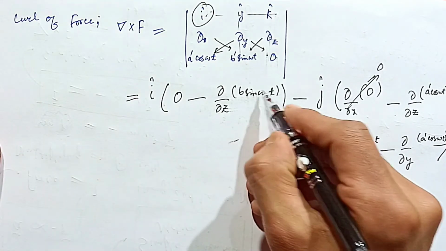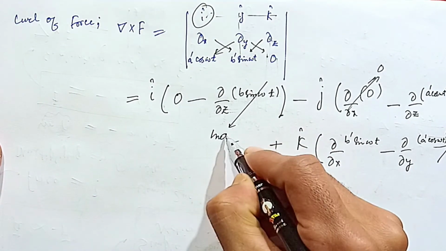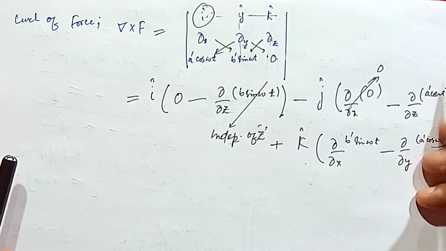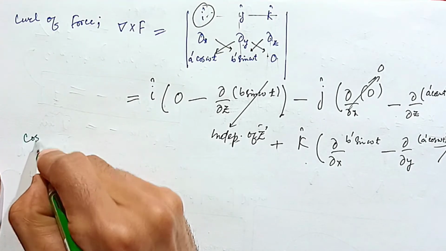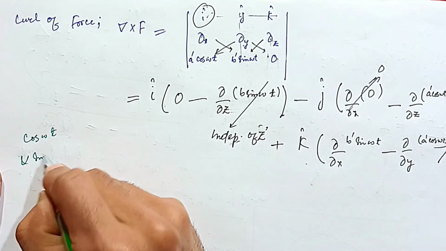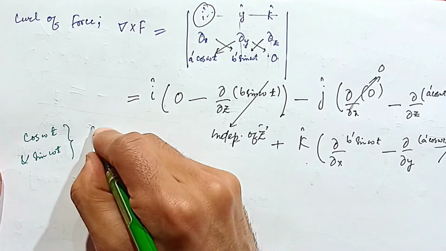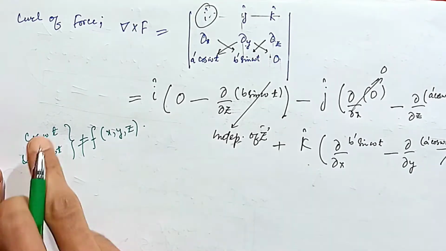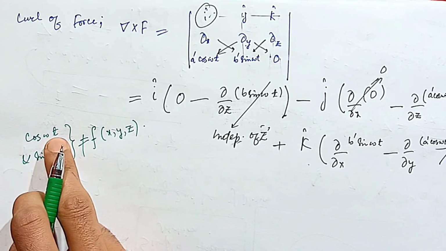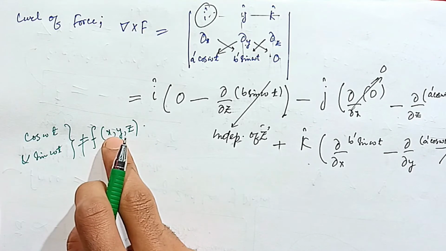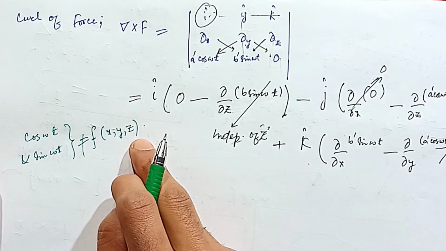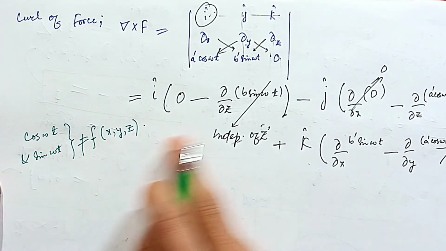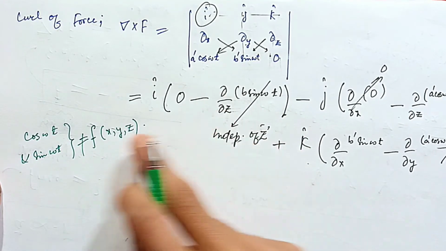But this is independent of z, as we see that cosine omega t and sine omega t are not functions of x, y and z, because only omega and t are contained. It is a function of time, not a function of x, y or z. These are all functions of time, not of the Cartesian coordinates x, y and z.